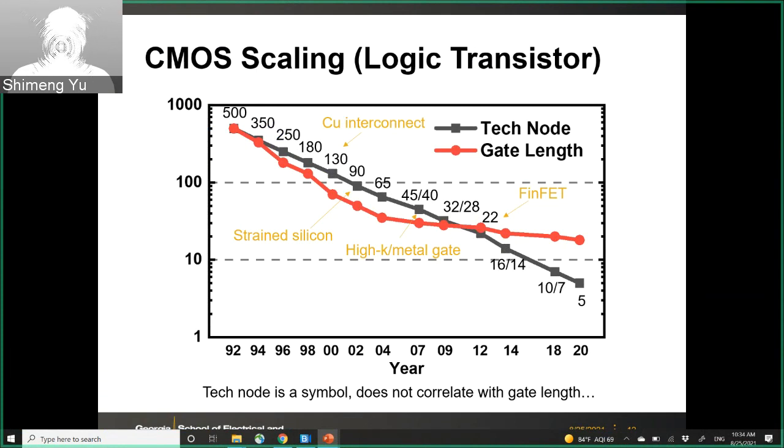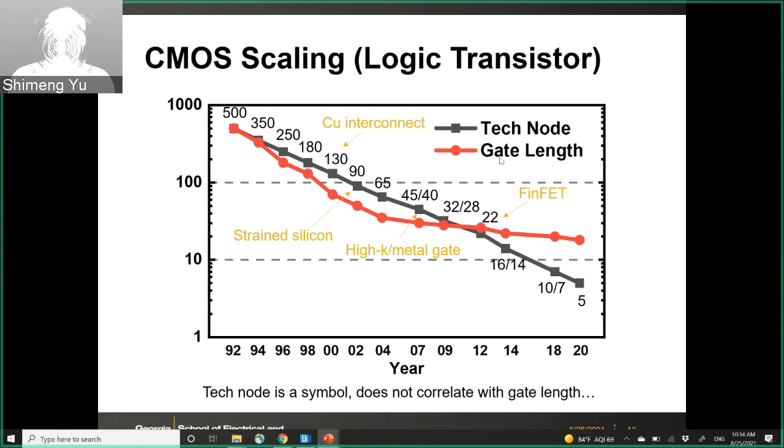This is what I want to emphasize. The tech node does not correlate to any physical dimensions on the chip. It's purely a symbol for the company these days. Or you can think of it as an advertising name for the company. It's a symbol.